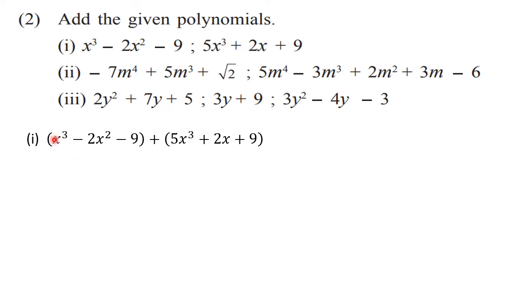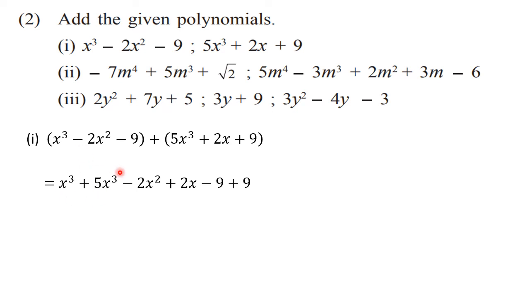So the highest power here is 3. We have two terms here with power 3, so we will write them together. So x cube plus 5x cube, they are like terms, so written together.